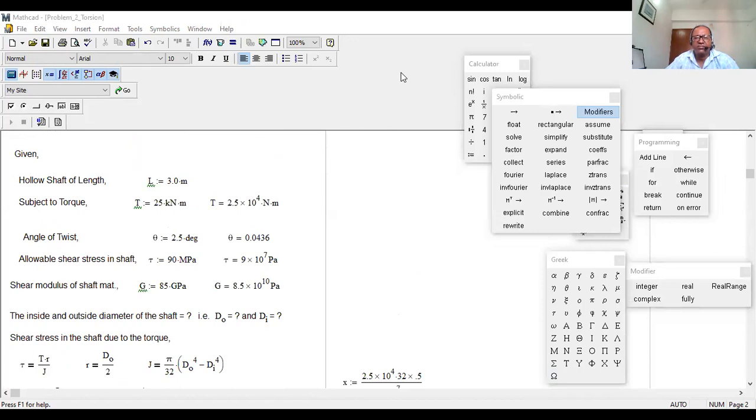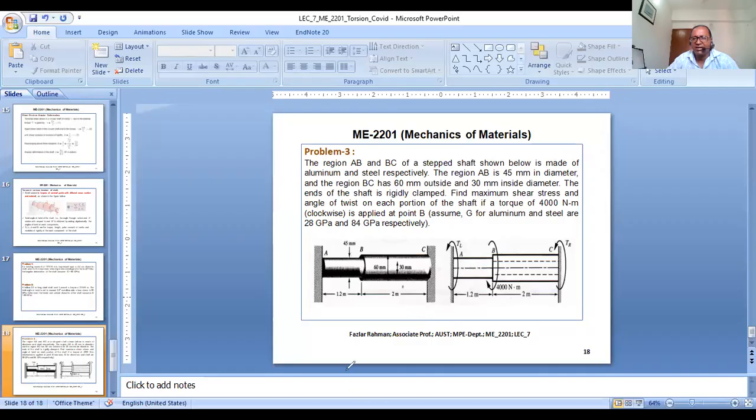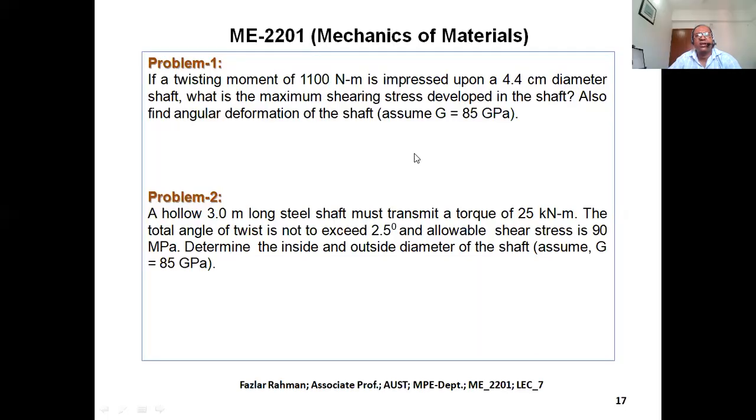You draw the bending moment diagram, right? Now there is one more term, it's called the torque diagram. What is the torque diagram? You can figure out.